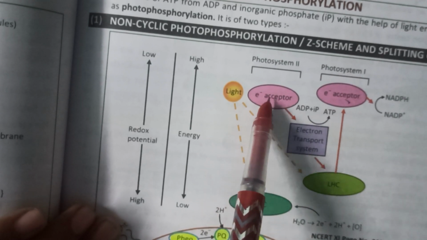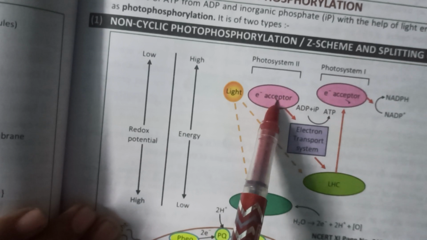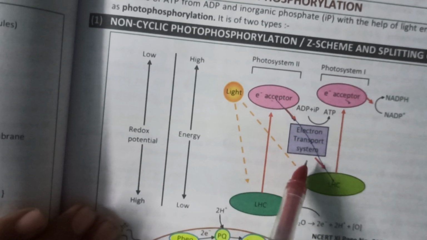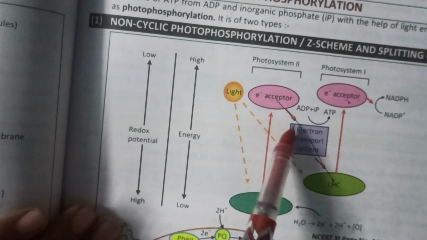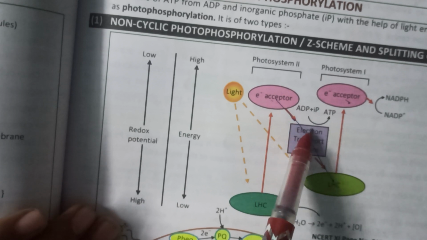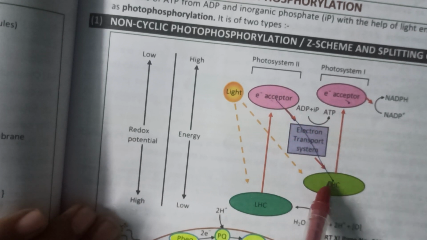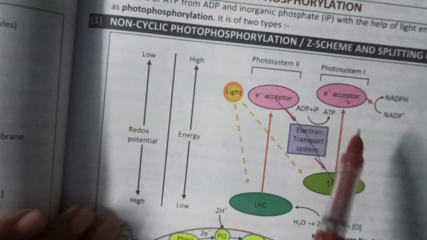These electrons will be transported to photosystem 1 with the help of the electron transport system. During the transportation, the energy from the electron is utilized for the formation of ATP, and this electron will go here and sit in the place which is vacated by the excited electron from photosystem 1.